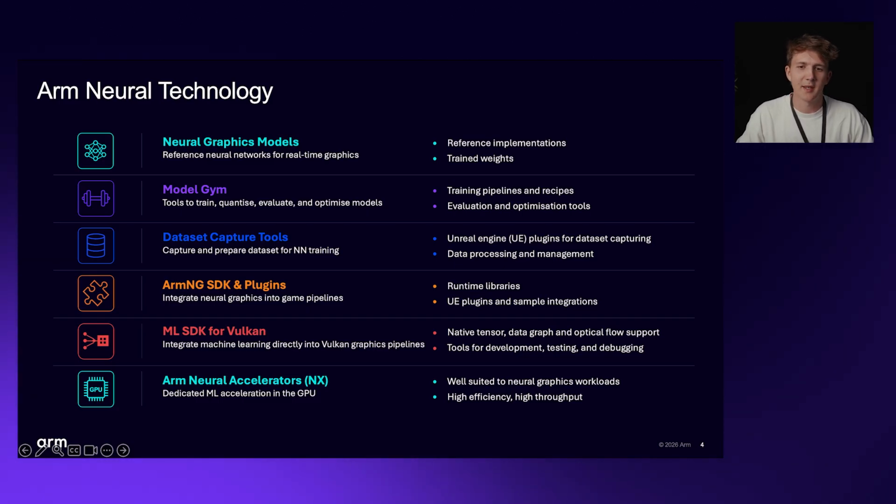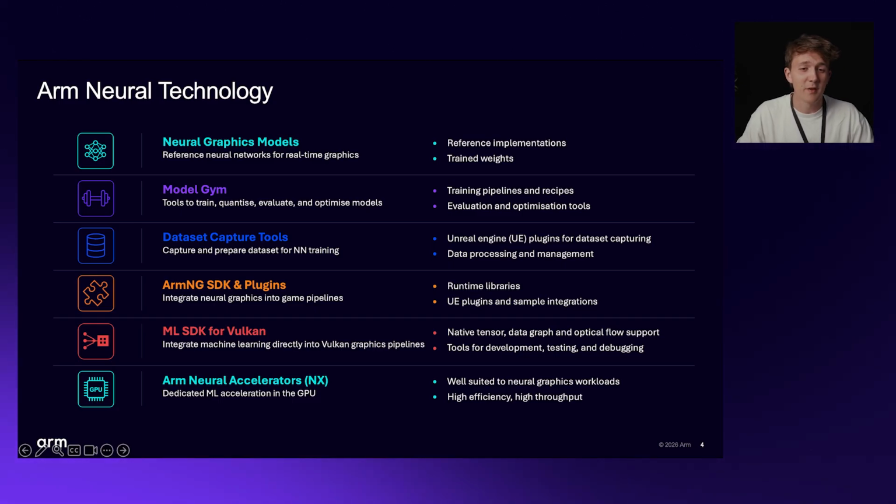And then also we have dataset capture tools. So these are Unreal Engine plugins, which can help you capture datasets ready for training in the model gym. If you don't want to play around with retraining or modifying the models, you can just use the ARM NG SDK and associated plugins. So these contain runtime implementations of the algorithms, and additionally some Unreal Engine plugins for quicker integration.